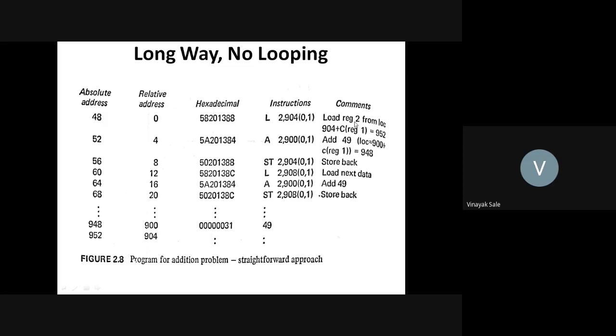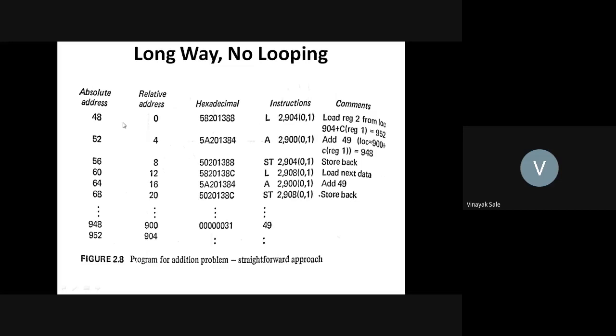The comment for these is: load register 2 from the location 904 plus the contents of register 1. The contents of register 1 is 48, which gives 952.